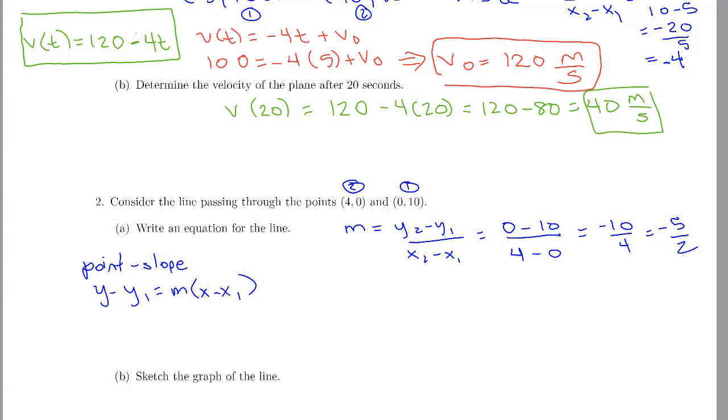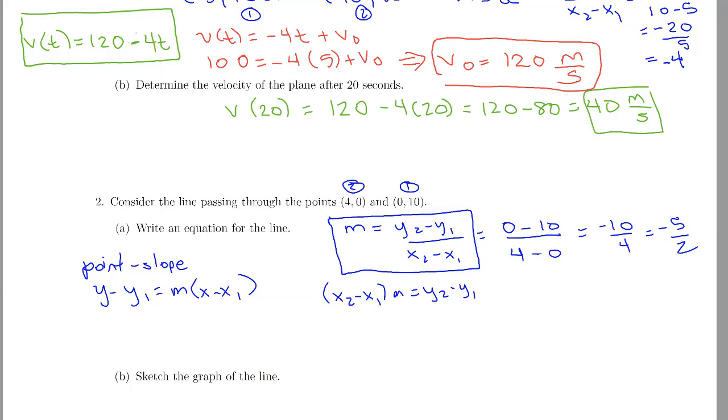A really easy way to remember it is, I know my slope is this equation, right? If I multiply both sides by the denominator here, I would have x2 minus x1 times m equals y2 minus y1. I actually only need one point if I'm putting something in point slope.